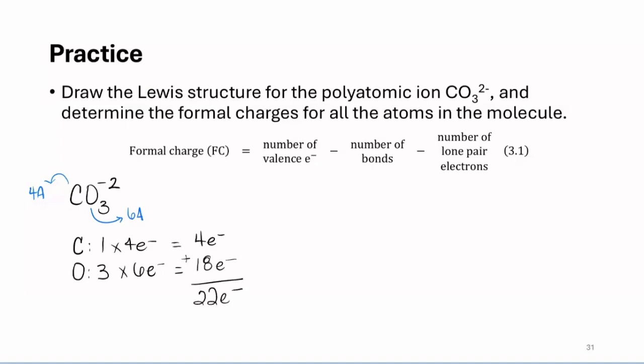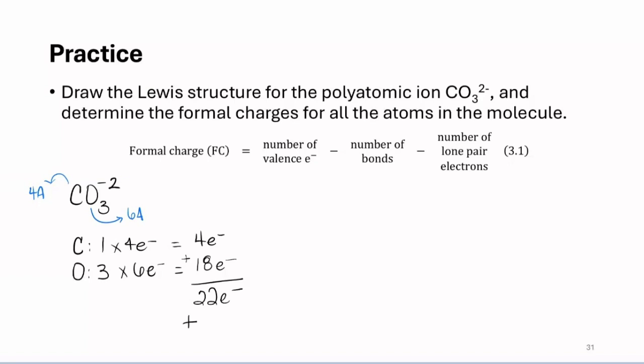But I want to specify something. When it comes to polyatomic ions, because they have an overall charge, that is also included in the overall count of electrons. Since this polyatomic ion has a negative charge, and since electrons are negative, we're going to add the value of the charge in the form of electrons.